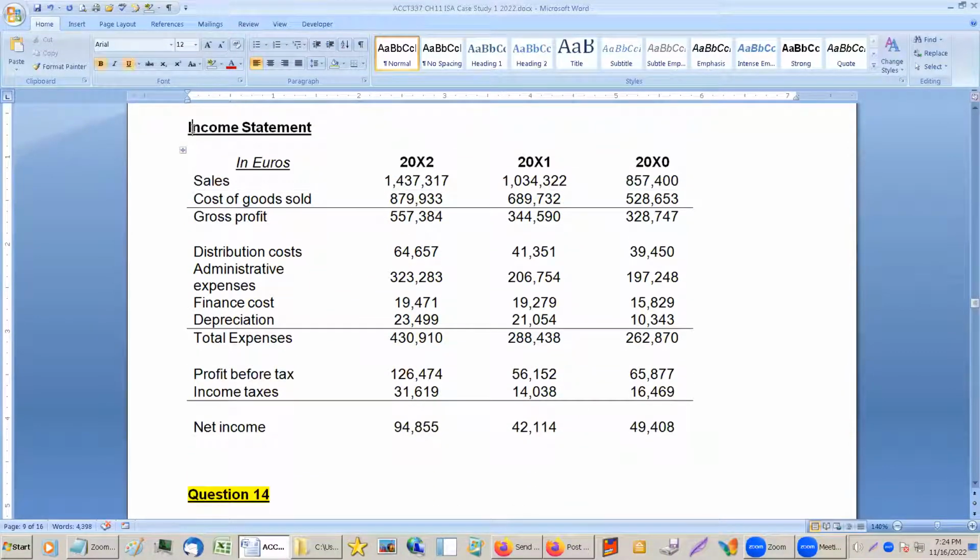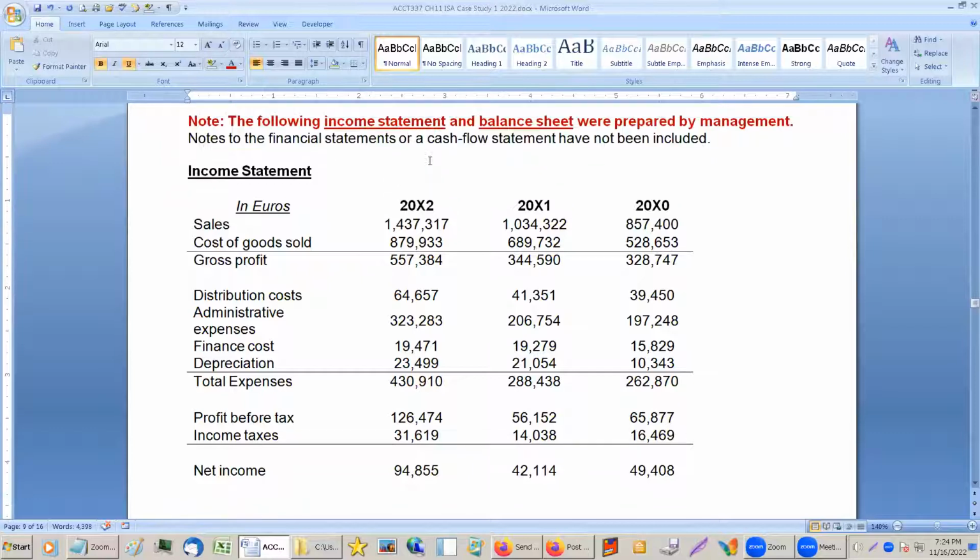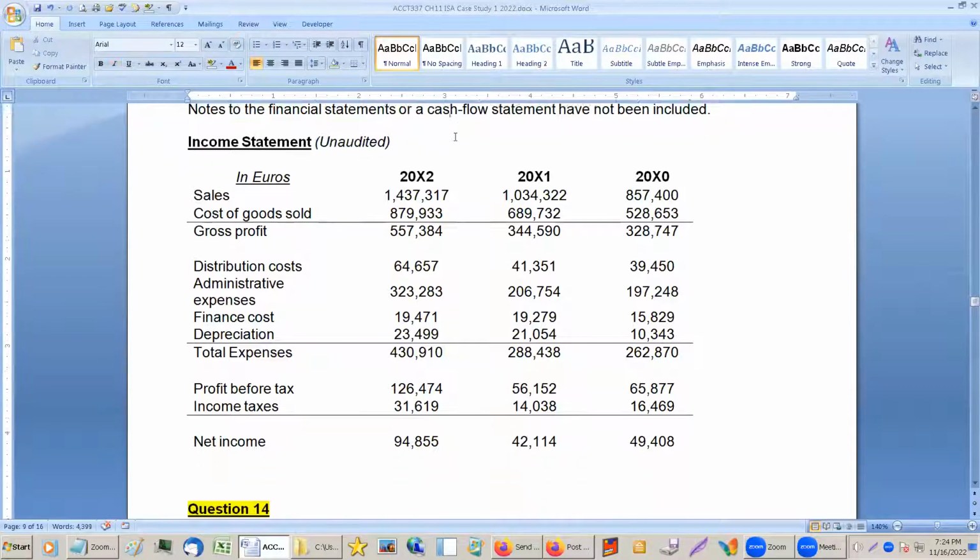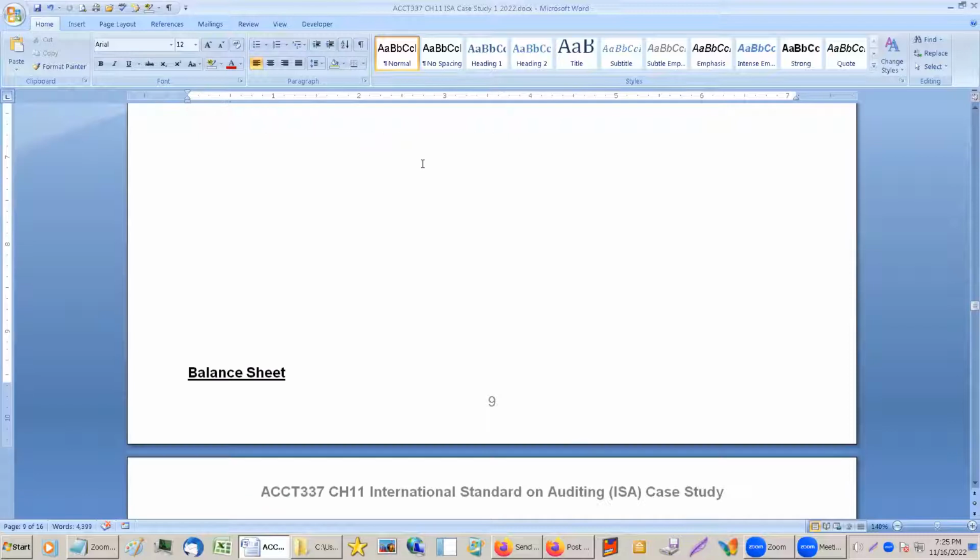So here's the income statement. They give us the income statement. These are usually labeled at the time as unaudited. So they'll give you the financial statements, labeled as unaudited. And that will change when you do the audit.